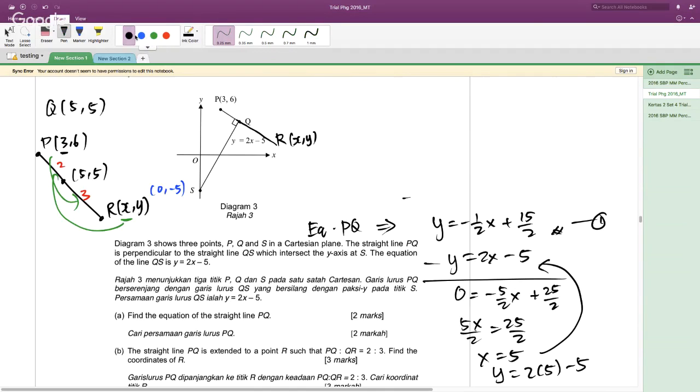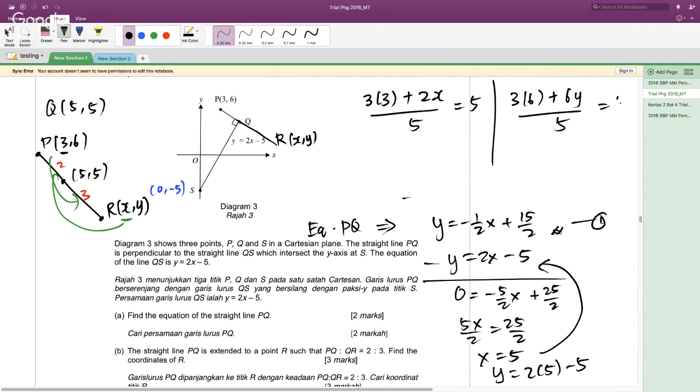So I will get 3 multiply 3 plus 2 multiply x, over the total ratio which is 5, equals 5, the first one. The second one I will do the same thing: 3 multiply with 6 plus 2 multiply with y over 5 equals 5 as well.